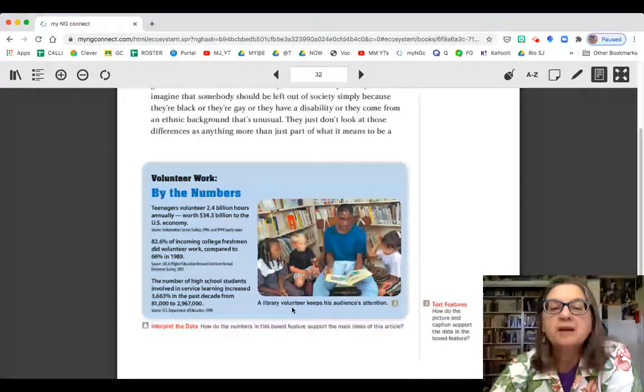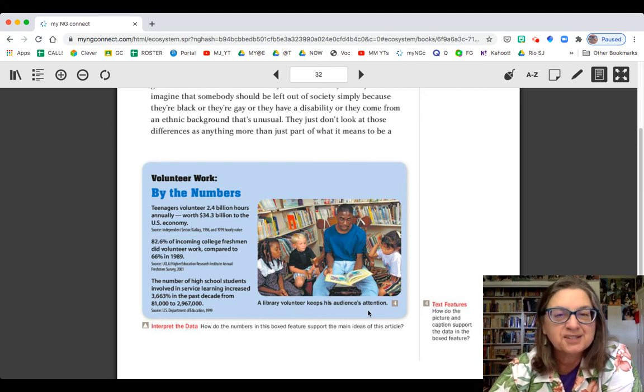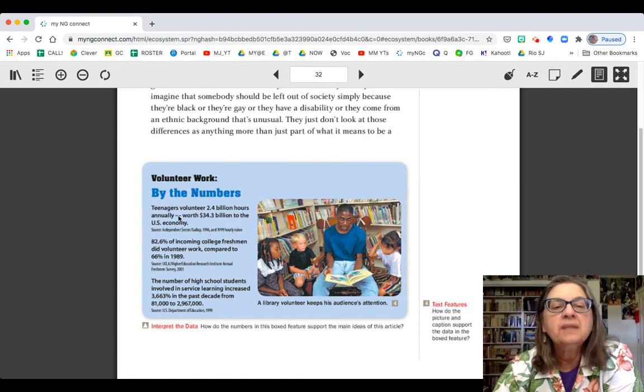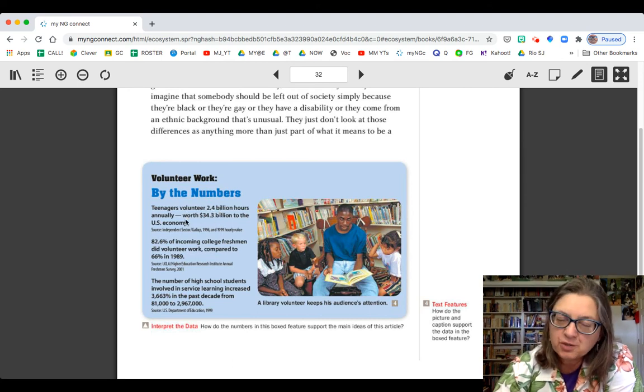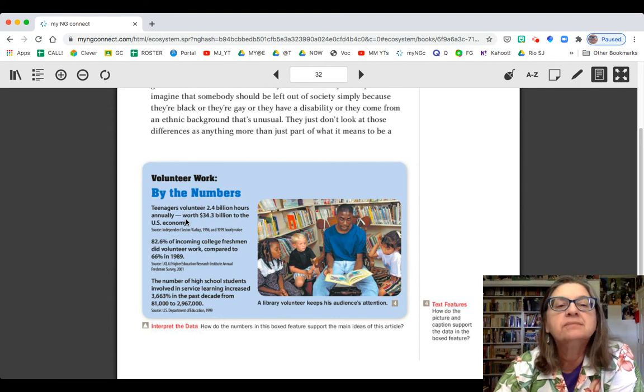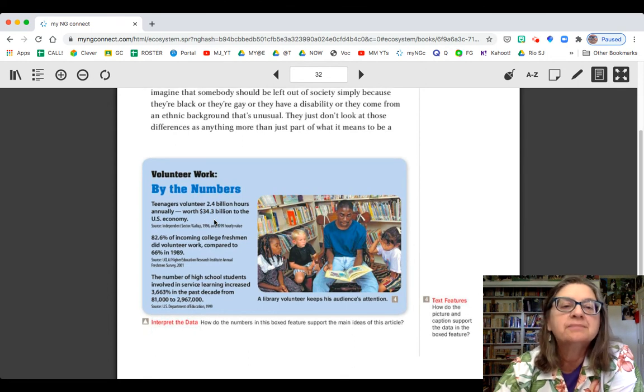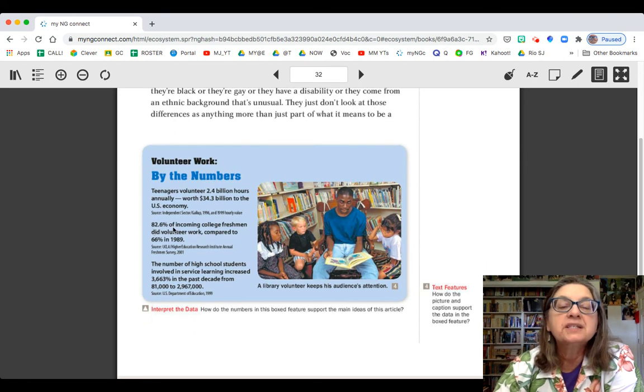And here we've got a library volunteer who keeps his audience's attention. I loved reading aloud to my elementary school students. Teenagers volunteer 2.4 billion hours annually, 2.4 billion hours a year. And that's worth $34.3 billion to the U.S. economy because they are doing these things for free. They're not asking to be paid for it. 82.6% of incoming college freshmen did volunteer work, compared to only 66% in 1989.